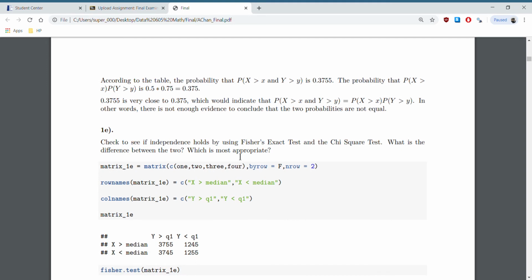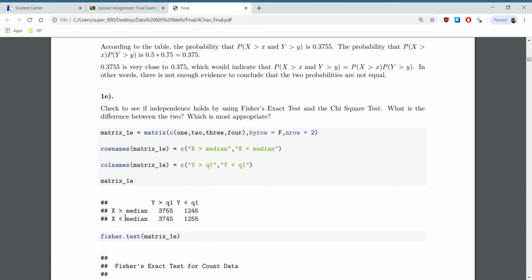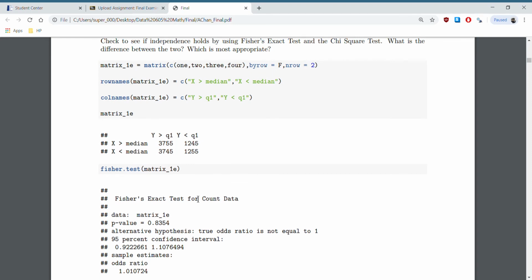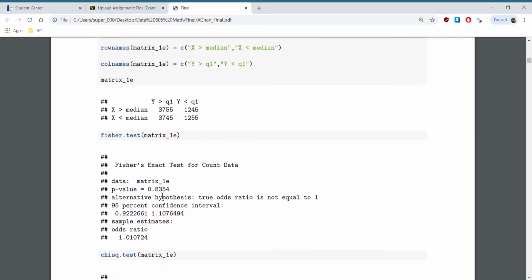So using Fisher's exact test and the chi-square test to put more of a formal testing for this, let's see. So I made a matrix of the counts for each of these categories, and I just put them in a little table here, and then I ran a Fisher's test on it, and the Fisher's test gave me a p-value of 0.834, which is very large.